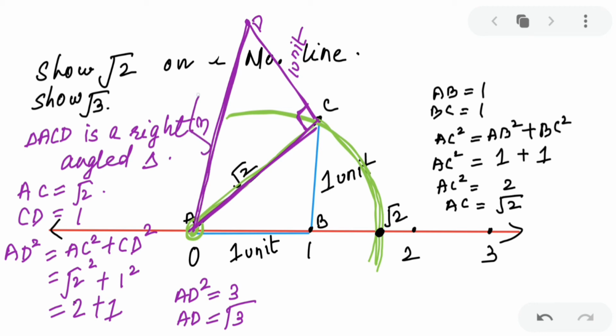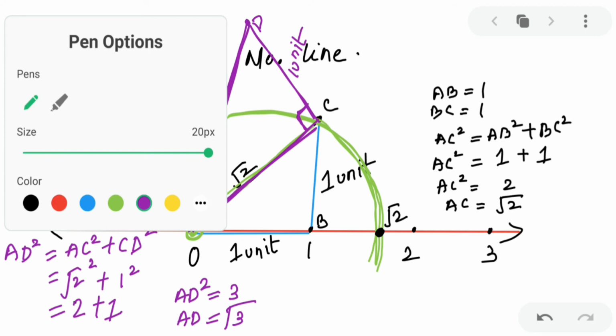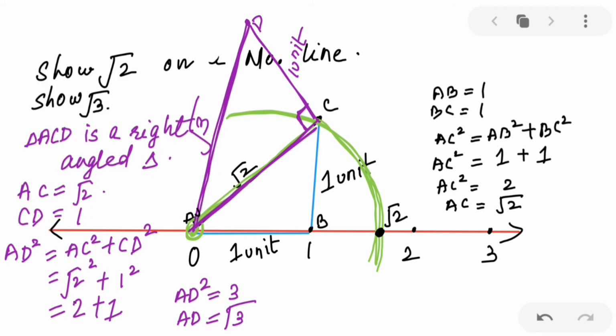So in that case, you got the value of AD as root of 3. Am I correct? Now if you take AD as radius and put your compass point on A and make an arc like this which cuts your number line, wherever it cuts, that will be your value of root 3.